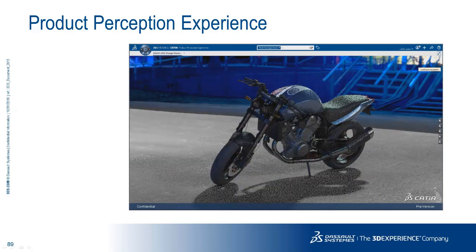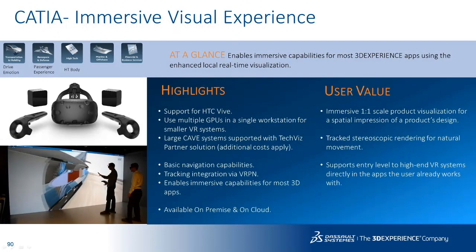And now let's take a look at the immersive visual experience. It's a solution for one-to-one scale product visualization. This is the ID card we're looking at here. Just looking at some of these highlights, we support the HTC Vive.